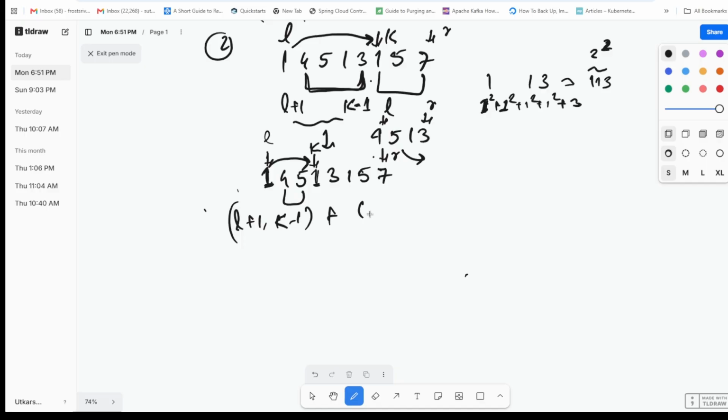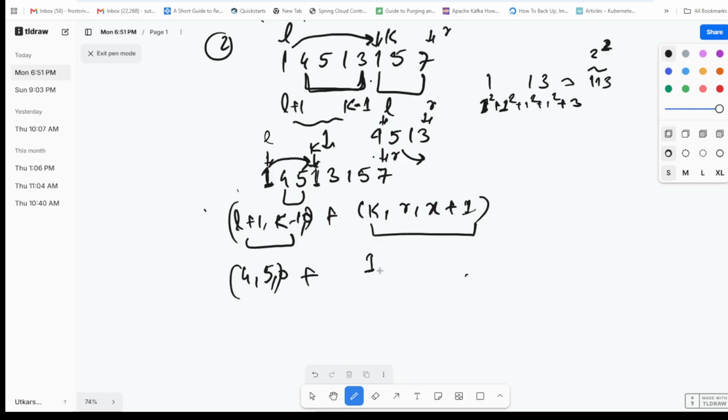Now here, from here it will be k to r, and one extra one we are carrying for this k. And again we will solve for this recursively, and again we will solve for this recursively. So what this will be, l plus 1 to k minus 1. Now our function will solve for this, and now from here k, and obviously there is no extra carry, so it is 0.